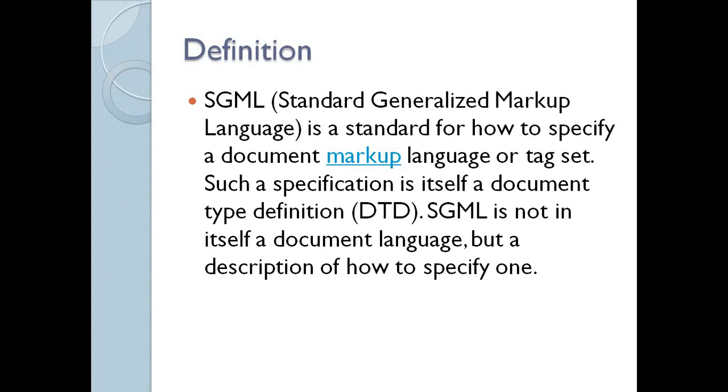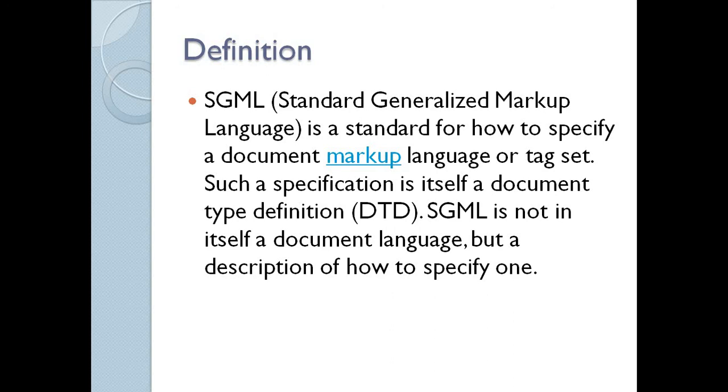Now to simplify this paragraph, SGML is not a coding technique as such, which means using SGML you cannot design a web page or a website. But using SGML, you can create your own markup language through which you can design a website or a web page. HTML is a subset of SGML.